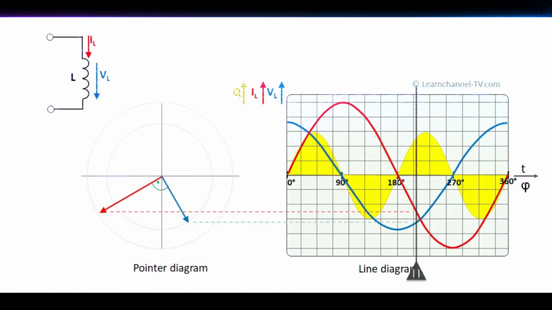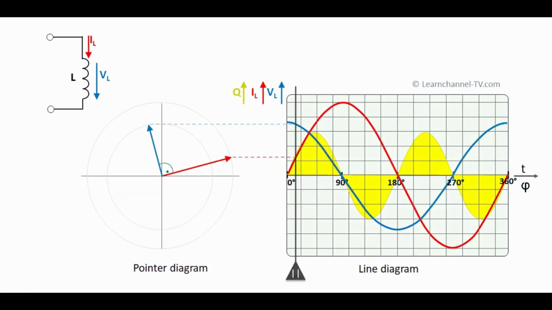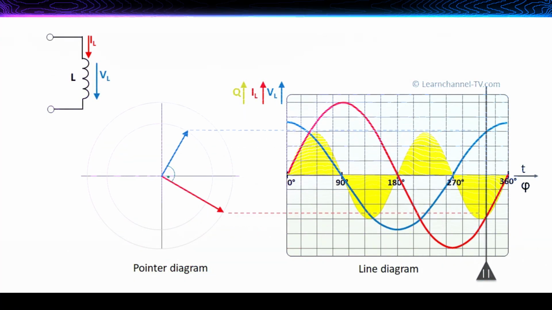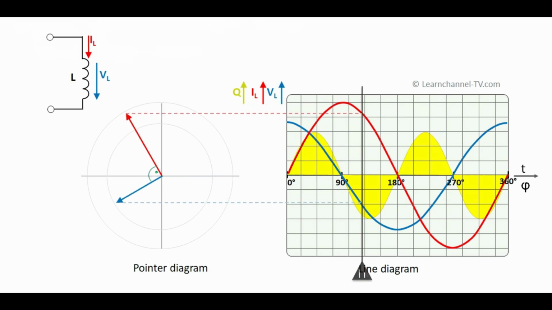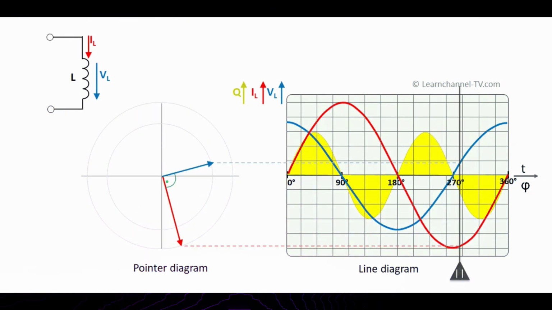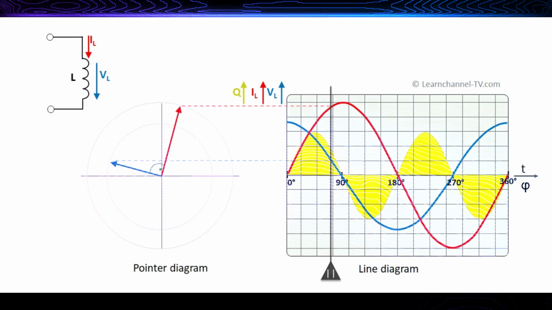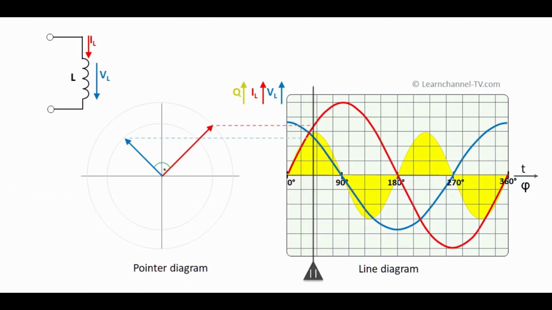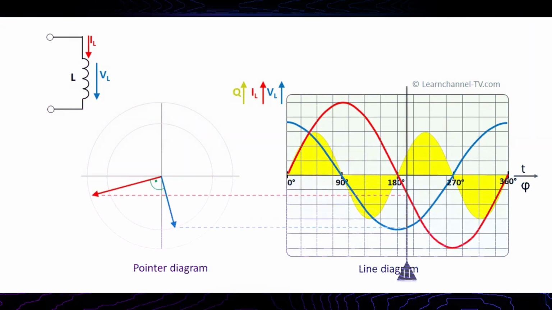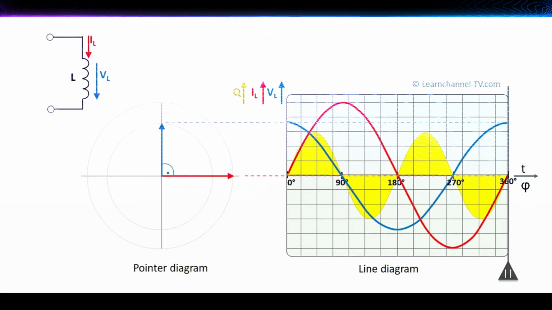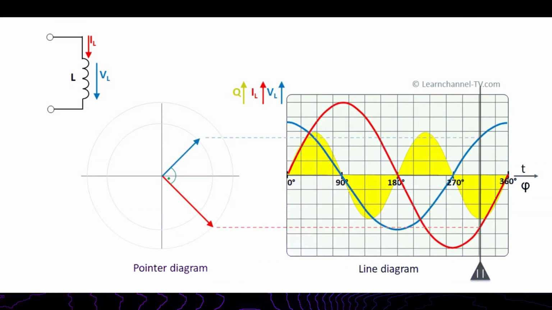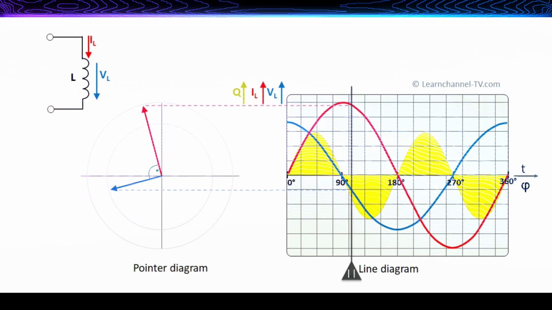Now, assume that the inductor has an induced voltage of 116 volts AC. Since an equal amount of applied voltage must be used to overcome the induced voltage, there would be only about 4 volts to push current through the wire resistance of the coil.